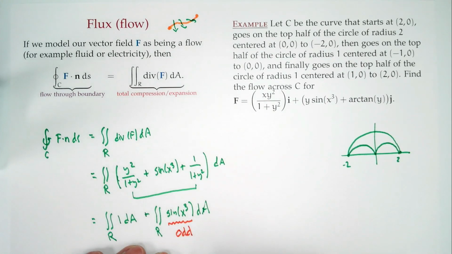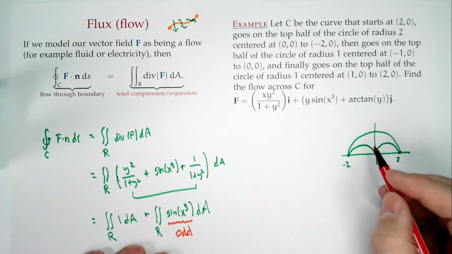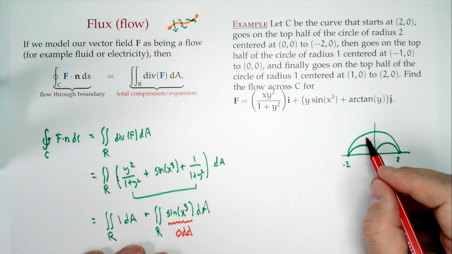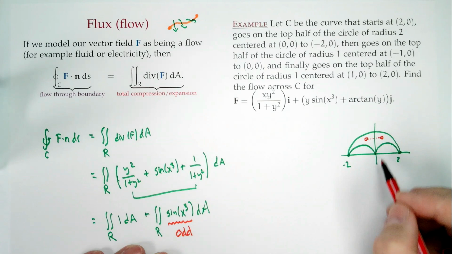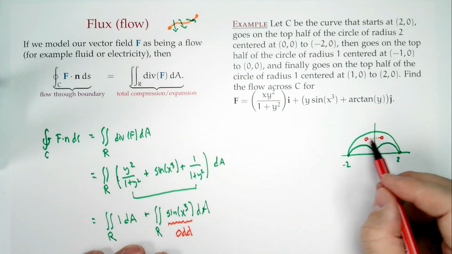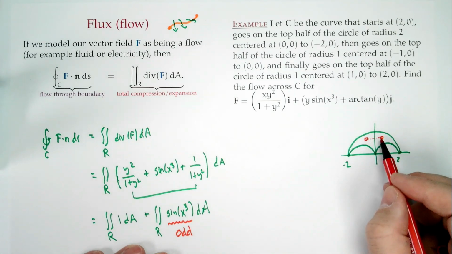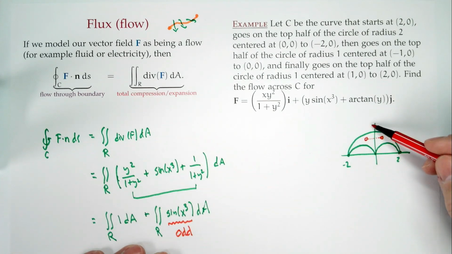What does that mean? Well, an odd function here says if I plug in a negative x, I get the opposite of what I get if I plug in a positive x. That says in our shape, if I plug in sine of x cubed over there, and I compare it to sine of x cubed over there, they would have exactly opposite signs. But notice, this shape is symmetrical.